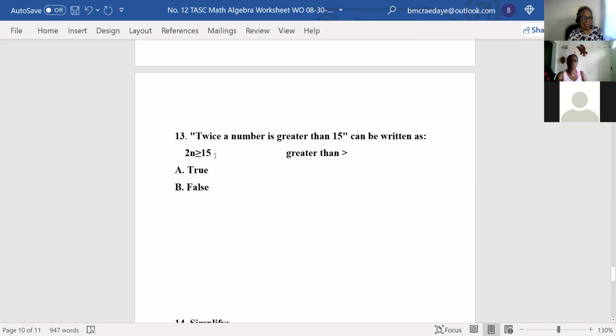The number here is represented by n. Is that statement true or false? It's false, right, because it says greater than or equal, and greater than is just this symbol, right? So the answer is false. The reason it's false is because it has the greater than or equal, and it should just be greater than. Okay, so 13 is false.